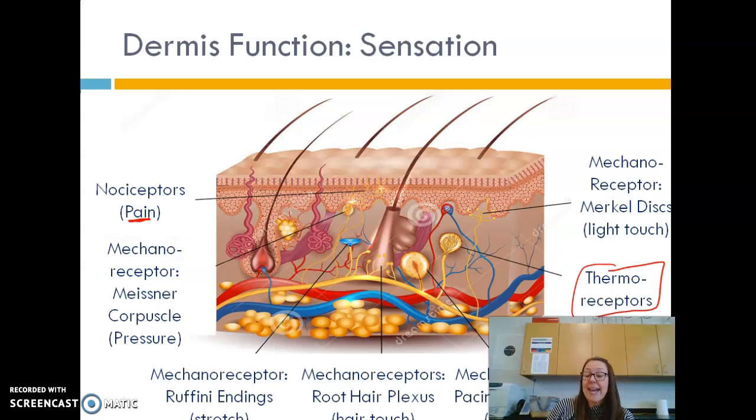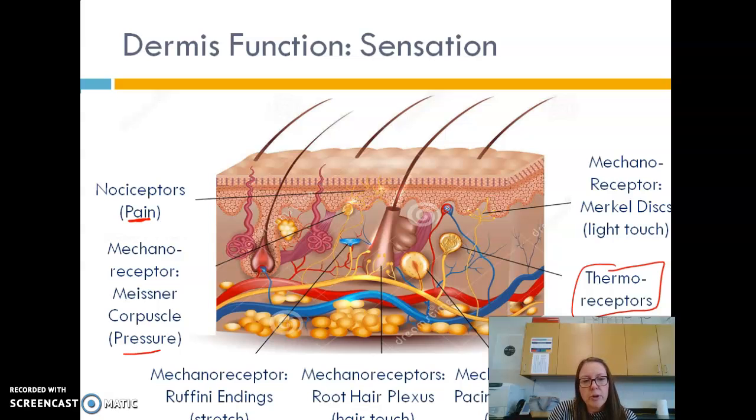And then the last category, I'm going to lump all of them together. I'm going to generally categorize them as mechanoreceptors. The specific types of mechanoreceptors are not important, but what's interesting to note is that there are lots of different types of receptors for touch.